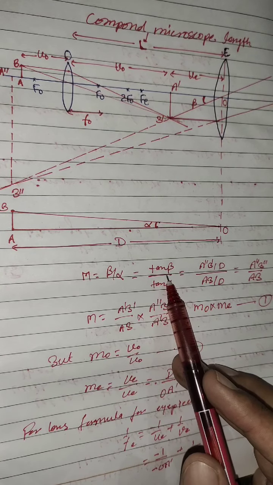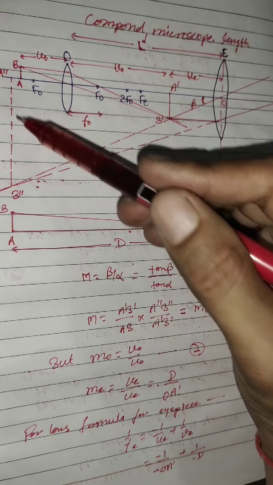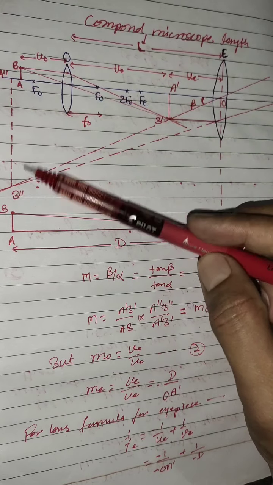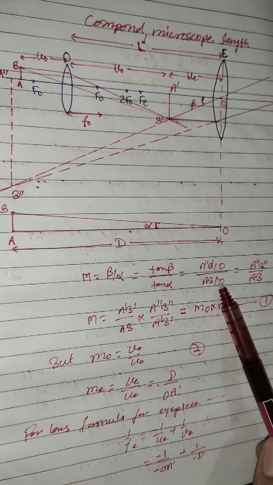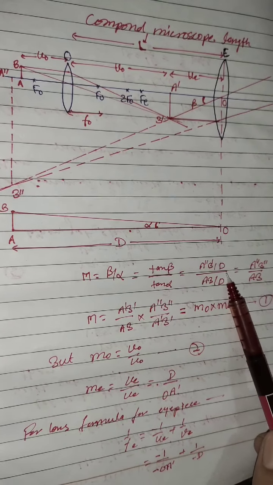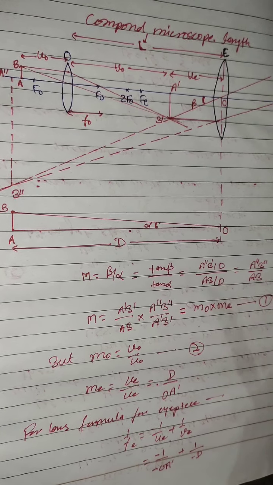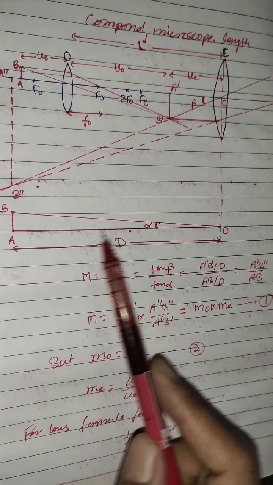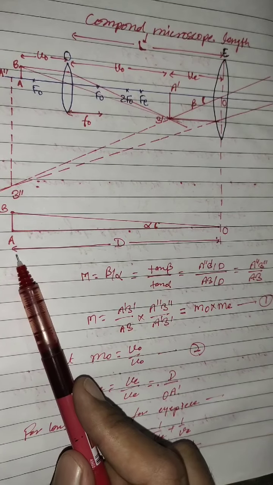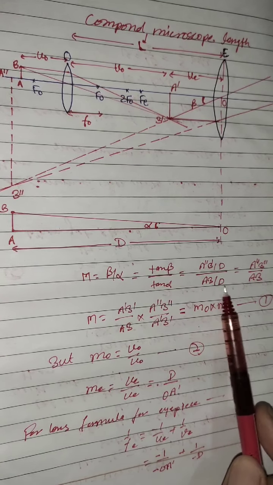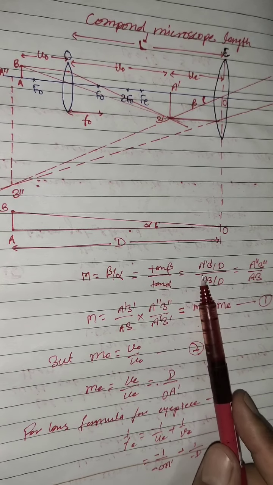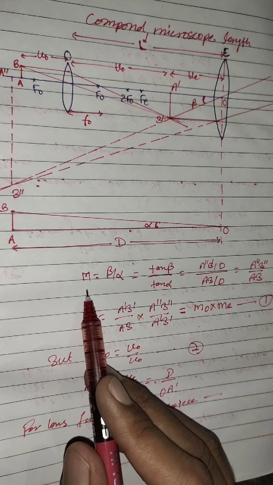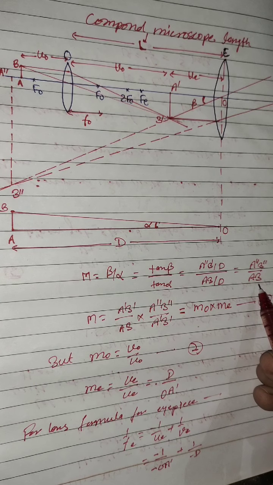In the right angle triangle O A double dash B double dash, tan beta equals A double dash B double dash upon O A double dash, that is the least distance of distinct vision, capital D. And for alpha, tan alpha equals AB upon OA, that is D. So AB upon D. Here D and D cancel each other, and the equation for total angular magnification, capital M, reduces to A double dash B double dash upon AB.